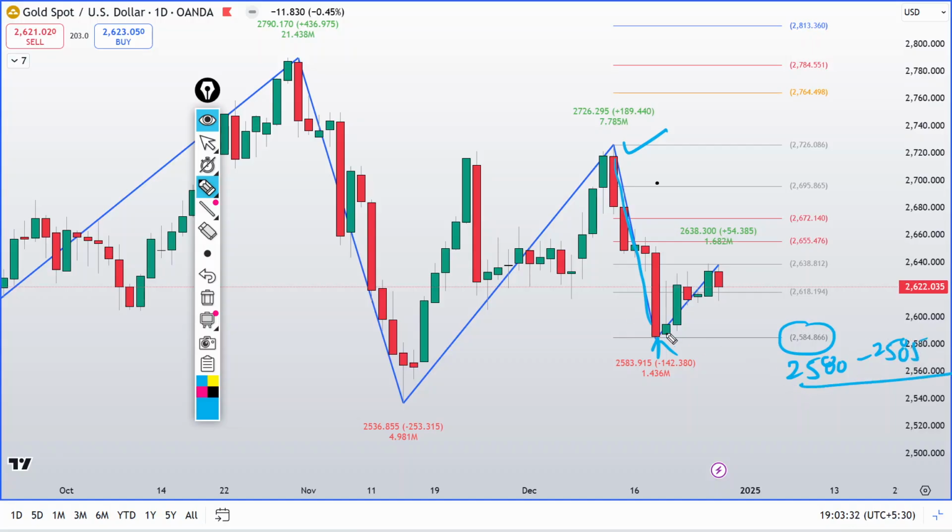After this the market has been trying to digest this sell move, and currently price is trading above this support level. If we check the recent 3 to 4 days' closes, this high right over here and this low around here, the market is currently trading inside a sideways range.